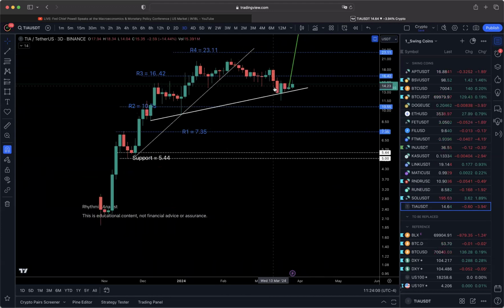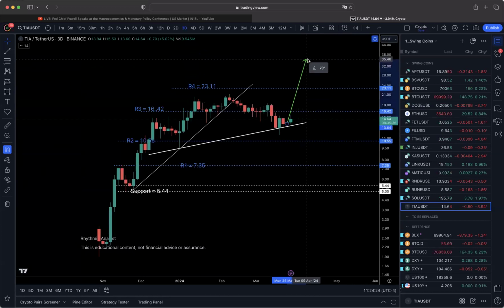Nice rounding top. Right. But yeah, there's no cycle level issue here. This is good. I think I see TIA on a path of this. So this arrow makes sense. This arrow makes sense.